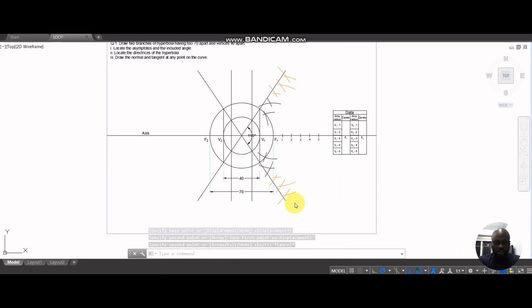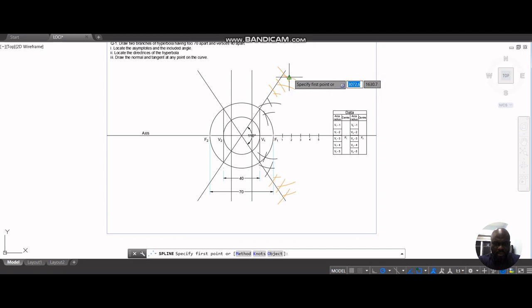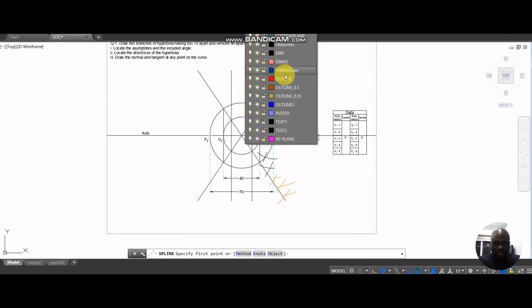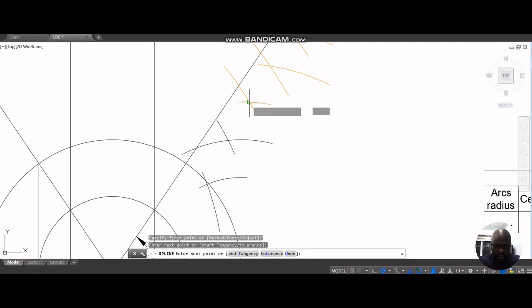Okay, all the arcs have been created already. What's next is to plot the curve and see what it looks like. So let's draw. To do this, we take the intersection of all the arcs, that's why it's called the arcs of circles method.